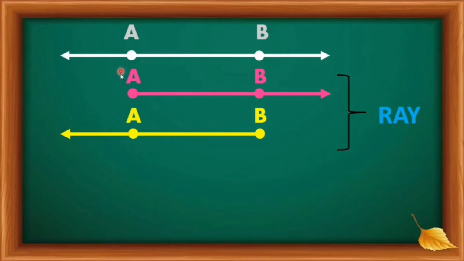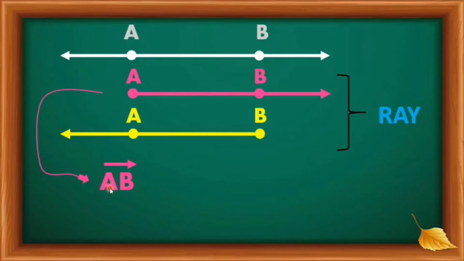Let us start with the first one. We can name this pink ray as ray AB. Paano natin siya papangalanan? We should always start from the endpoint towards the point near the arrowhead. Ibig sabihin, lagi tayong magsisimula sa endpoint. So this ray here is ray AB.